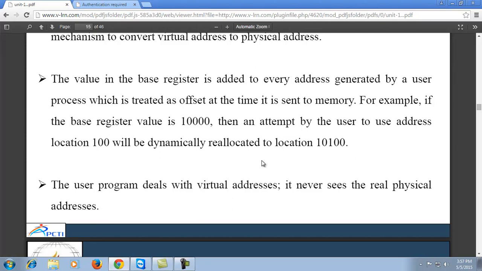For example, if the base register value is 10,000, then an attempt by the user to use address location 100 will be dynamically relocated to location 10,100. The user program deals with virtual addresses; it never sees the real physical address.